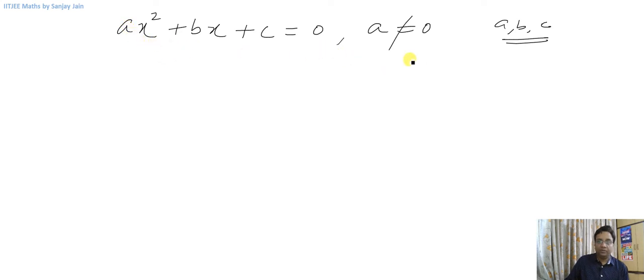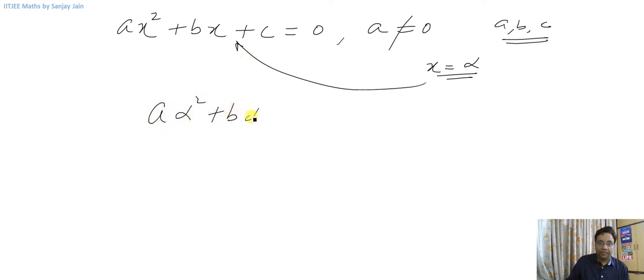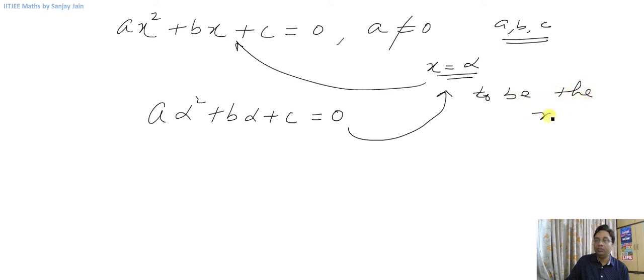Let us say I take x equal to alpha. If I put x equal to alpha here, it should satisfy this equation. A alpha square plus b alpha plus c should also be 0 for x equal to alpha to be the root of this quadratic equation. This is what I mean when I say that the root should satisfy the equation.